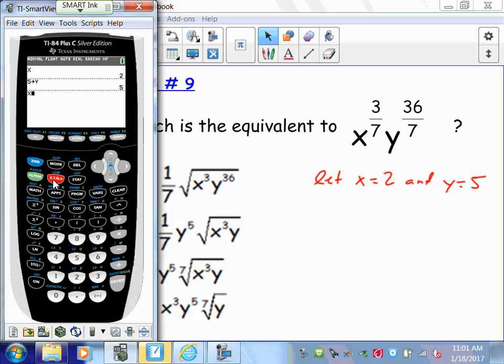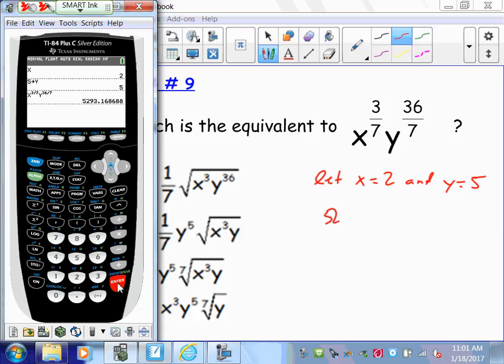So you go x to the 3 divided by 7, then alpha 1, which is y, to the 36 divided by 7. Life hacks, right? So you want to find the one that's closest to 5293.168.